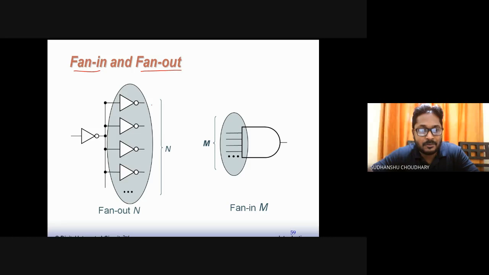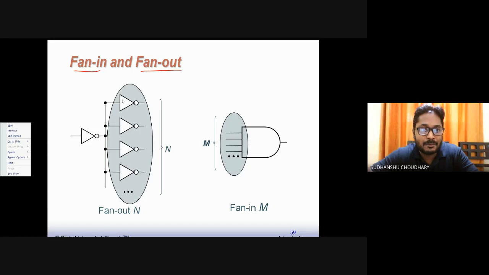If fan out is large, you can connect more gates at the output of this inverter. That means you can connect more loads, that is, more identical inverters, at the output.